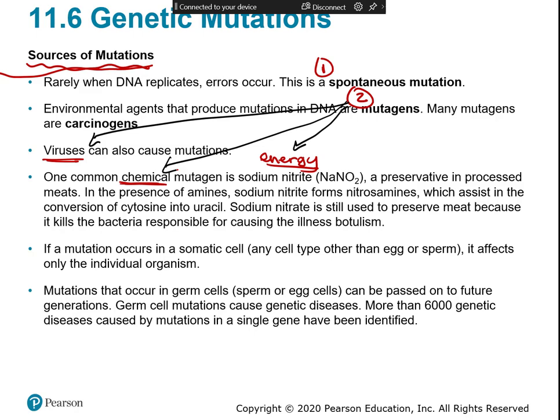Energy. Can you think of an example where energy increases your risk of cancer? Exposure to some kind of energy, sunlight. If you get repetitive sunburns as a child, that puts you at higher risk for developing skin cancer.